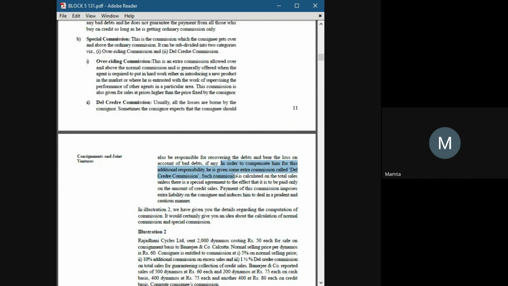In order to compensate him for this additional responsibility, he or she is given some extra commission called del credere commission. Such commission is calculated on total sales, unless there is a special agreement that it is to be paid only on the amount of credit sale.